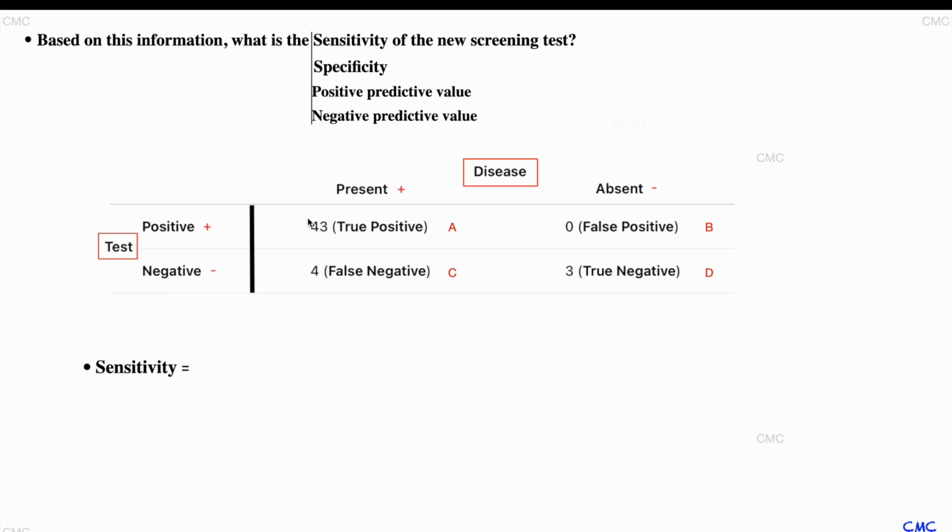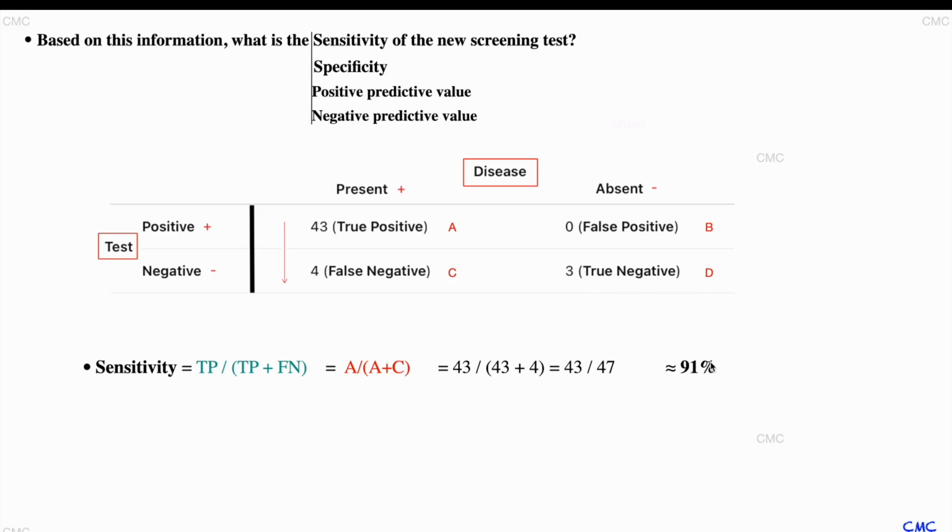So in other words, you divide your true positives with all the patients who have the disease, true positives plus false negatives. And if you're using the arrow method, you remember that being very sensitive may make things go downhill. So A divided by A plus C. And whichever method you're using, you end up dividing 43 by 47 and you get a result of about 91%. So that is our sensitivity.